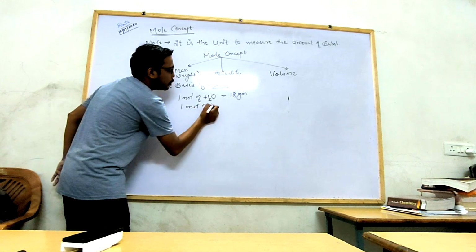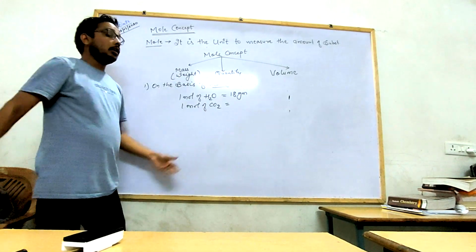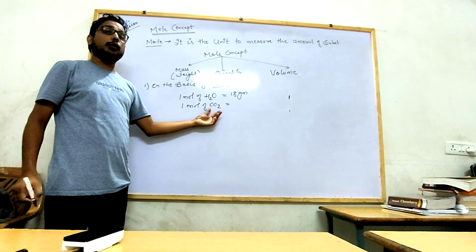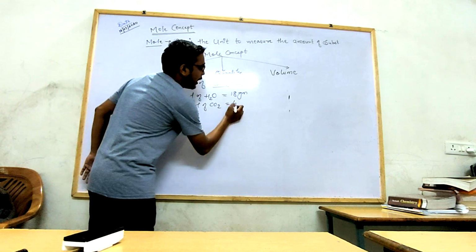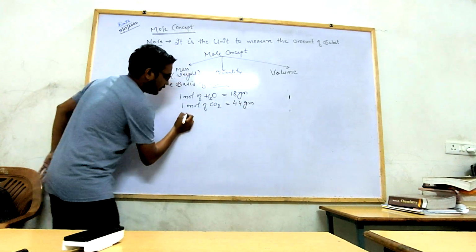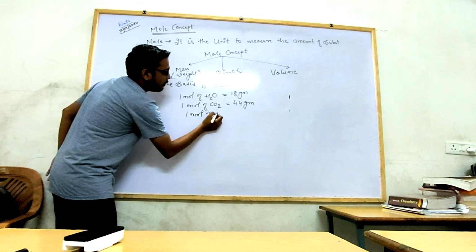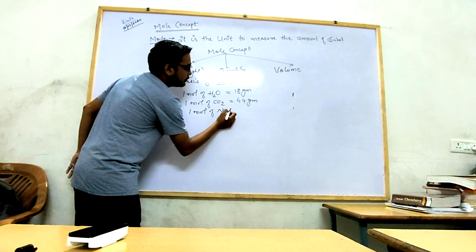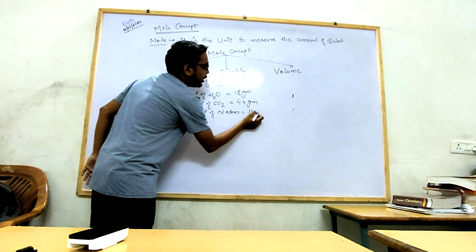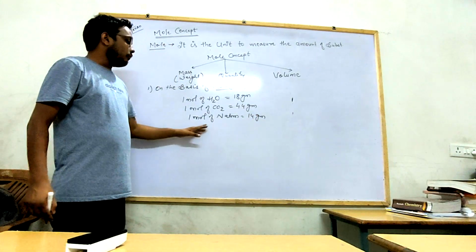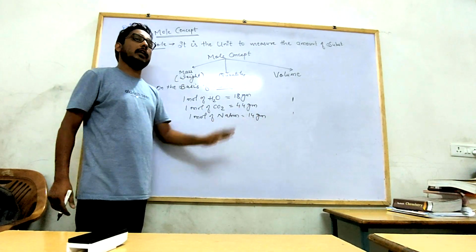Similarly, 1 mole of CO2, when you calculate the molar mass of CO2, you will get 44 gram. One more example, 1 mole of nitrogen atom will contain 14 gram.